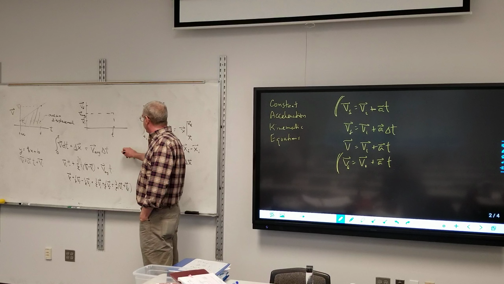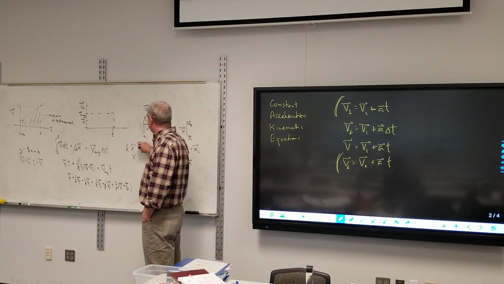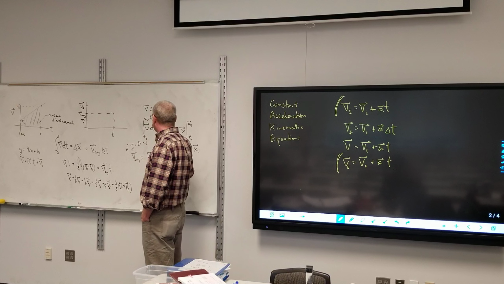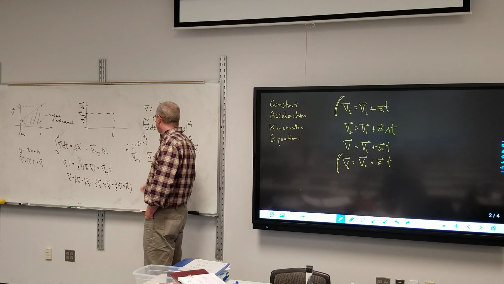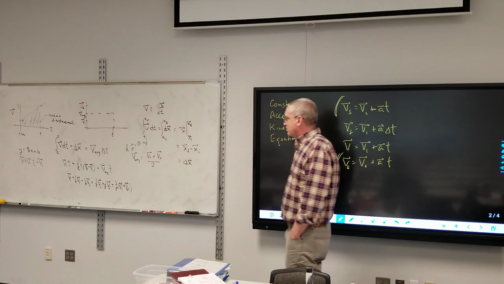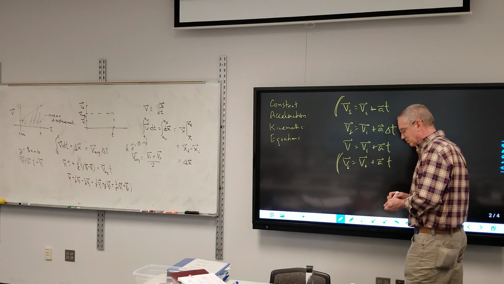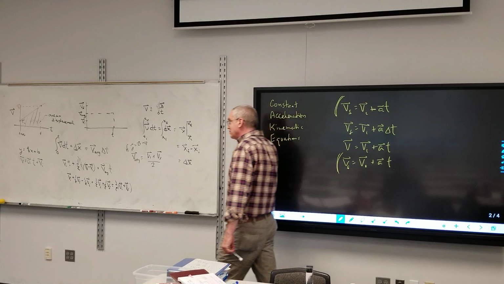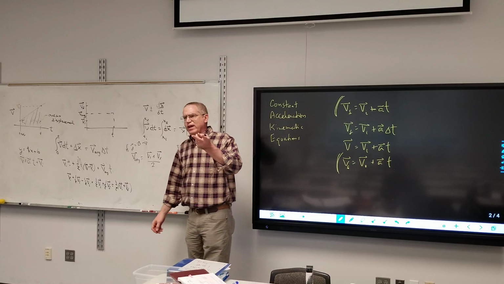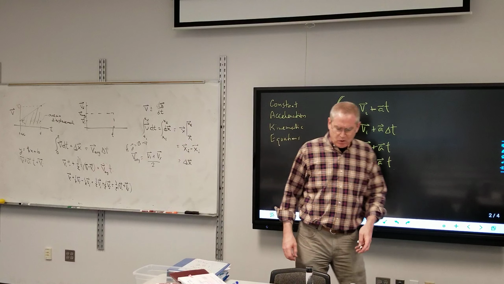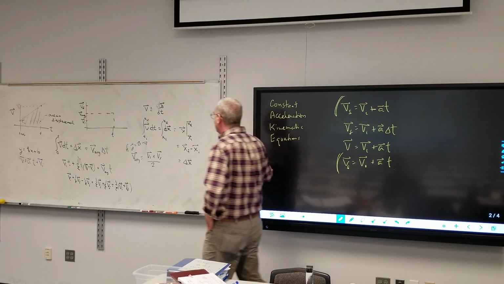So if acceleration is constant, again, so if the jerk is 0, then my average velocity is just my initial velocity plus my final velocity divided by 2. So we actually have right there all the pieces we need in order to have the second one.